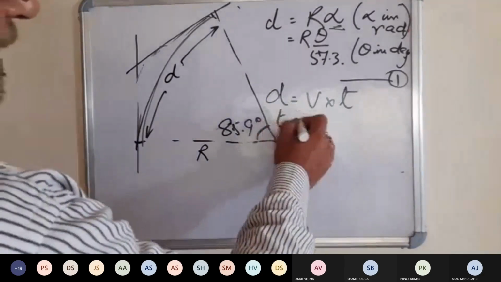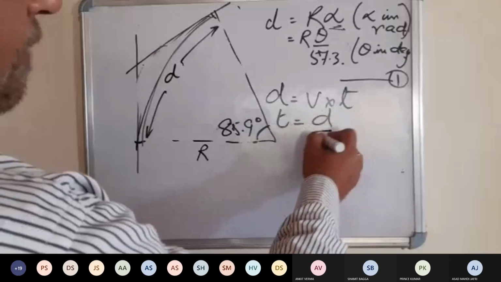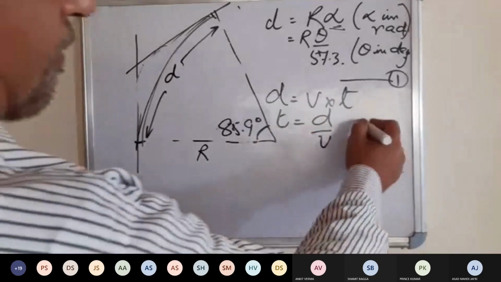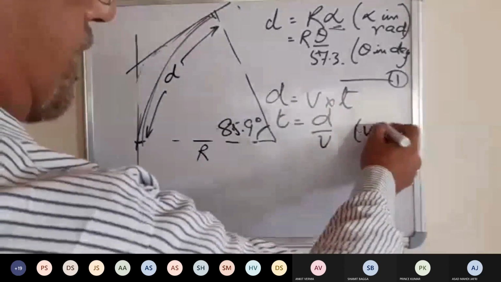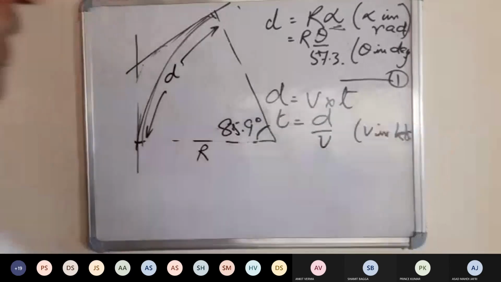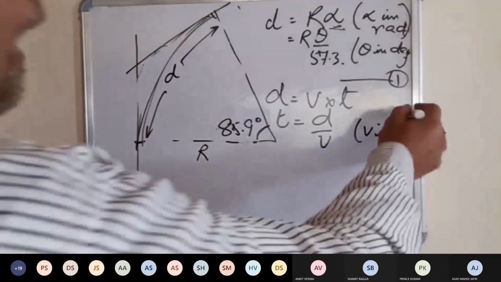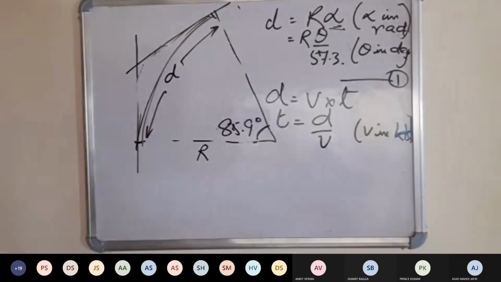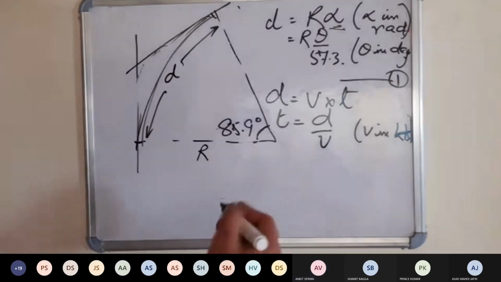That means t is equal to d by v, where v in knots. Knots is basically speed per hour, nautical miles per hour. Correct? Yes, sir.